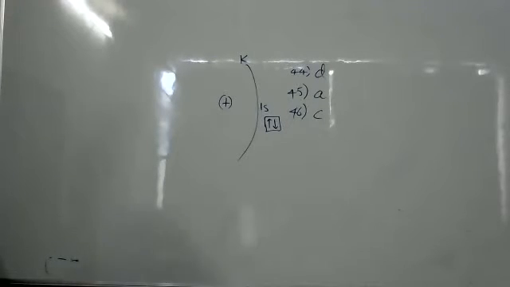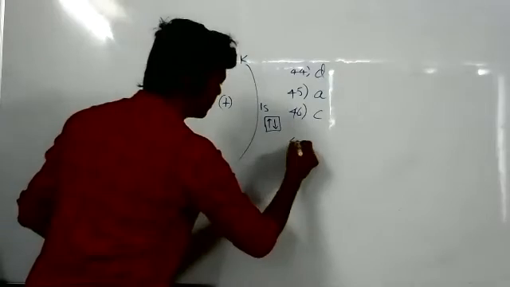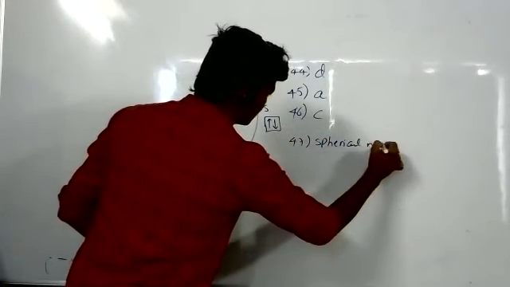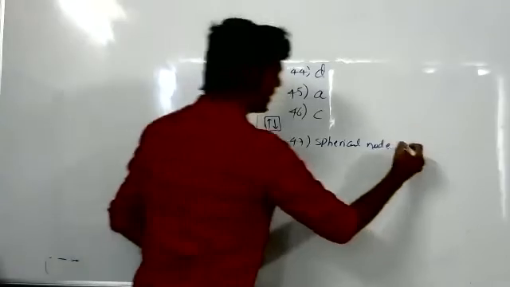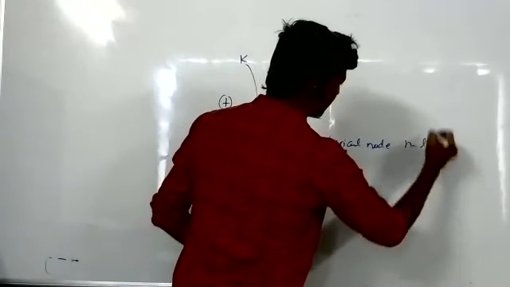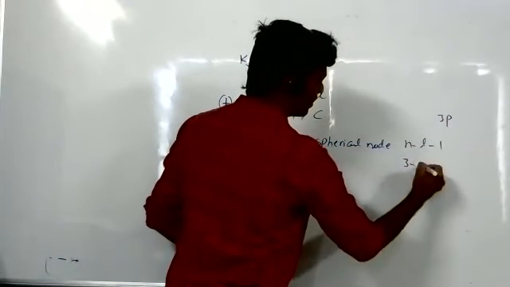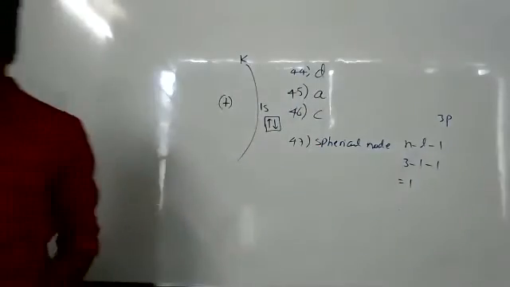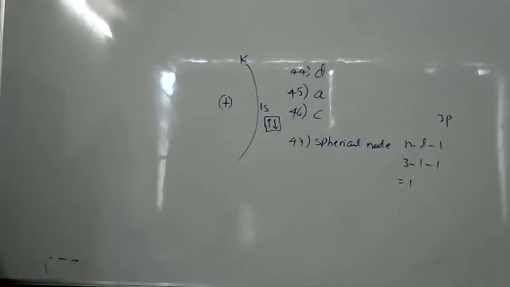What is the formula for spherical nodes? Spherical nodes equal n minus l minus 1. They're asking for 3p, so 3 minus the l value for p orbital, which is 1, minus 1. So the answer is 1. Which option? B, sir. Yes.